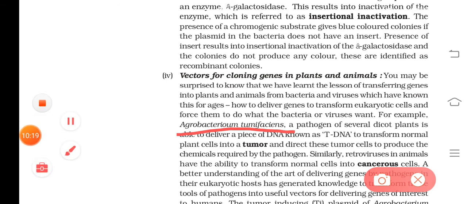So how this Agrobacterium tumefaciens works is, when they attack the plant, they transfer a piece of DNA, that DNA is known as tDNA, into the normal cell, and this normal cell will get converted into a tumor. Understood?